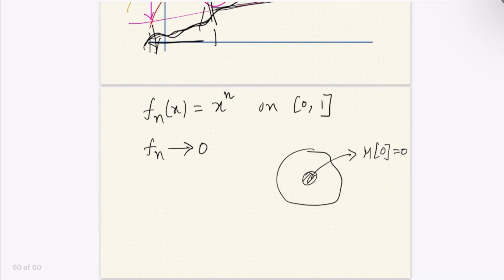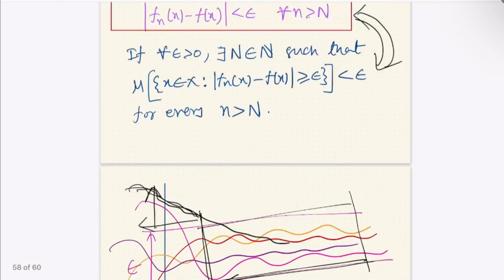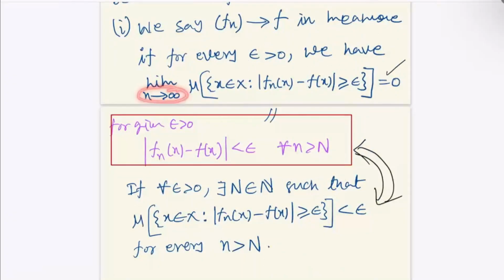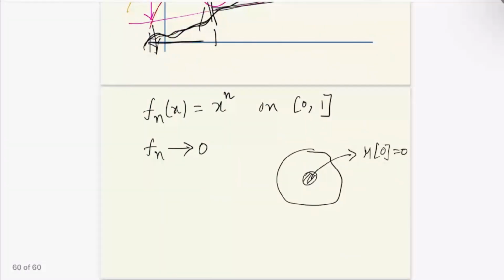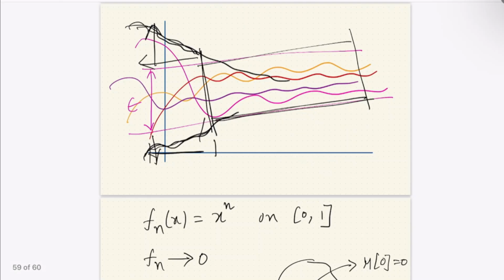Maybe you can write a small program, keeping n as large as possible, and see how the measure of that set goes to 0. Here the measure is simply the length of the interval, since it is a subset of R. You just try this so that you feel comfortable with the measure theoretic way of saying a sequence of functions converges to a function.